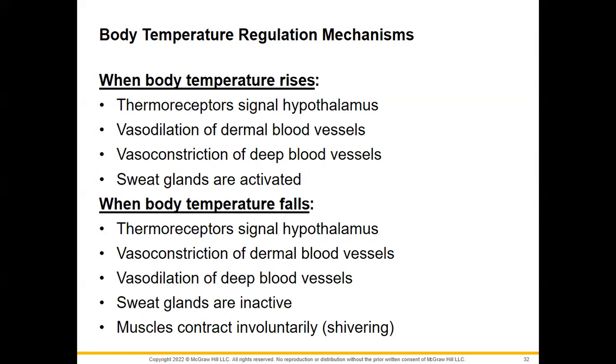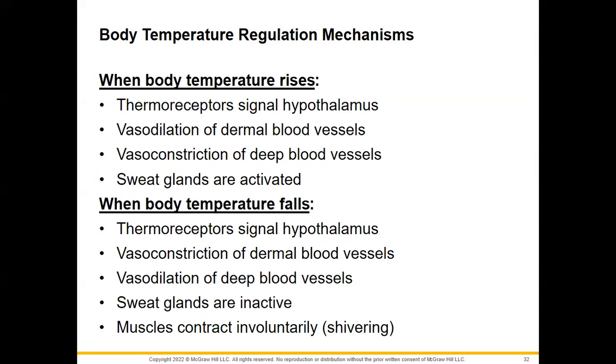And muscles are contracted involuntarily, especially the erector pili muscles associated with your hair follicles. Those are going to contract and help your hair stand on end. When your hair stands on end, it helps to hold heat in the body.